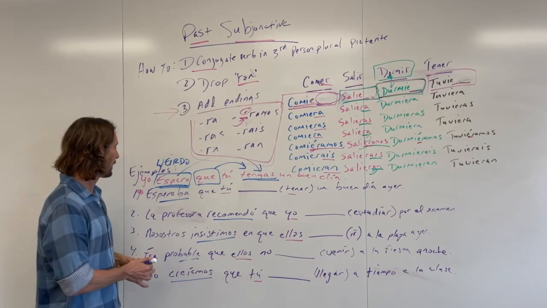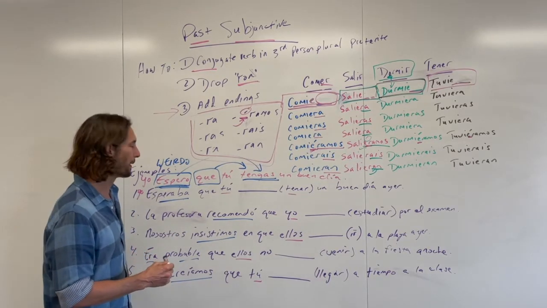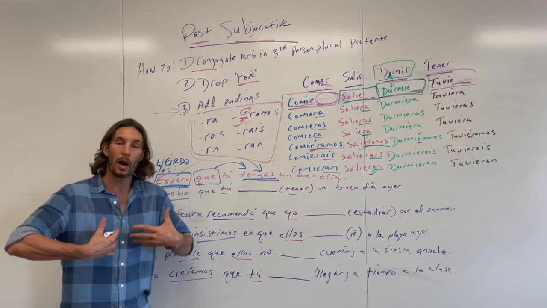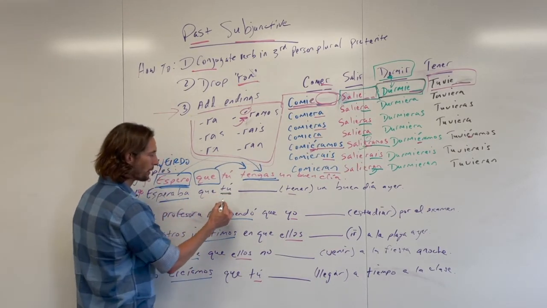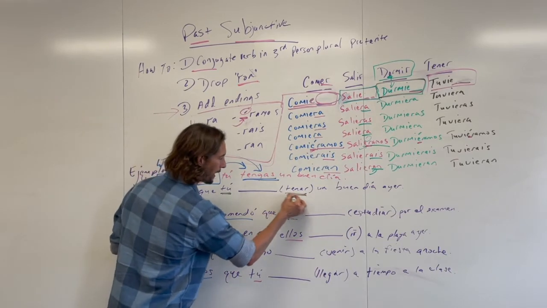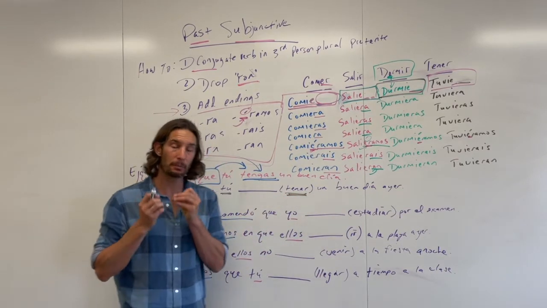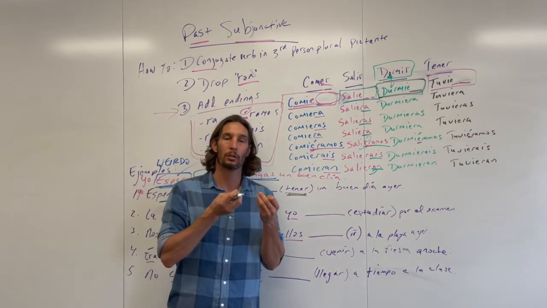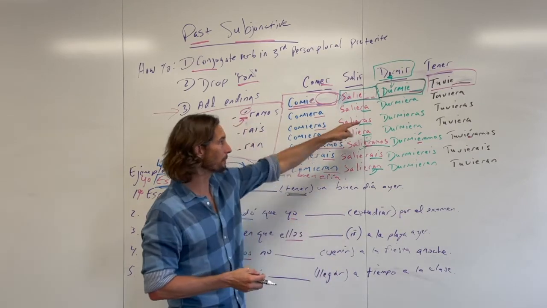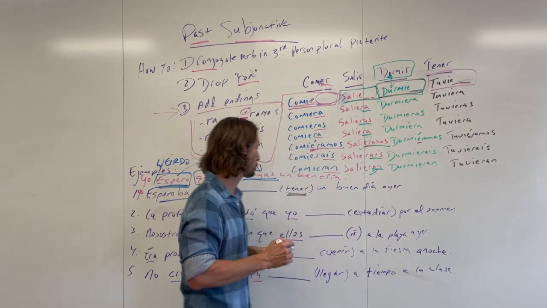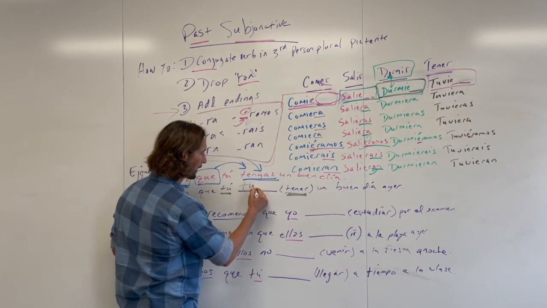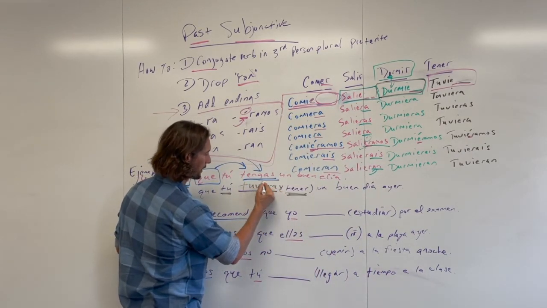And so, again, the first one here is yo esperaba, right? So I was hoping, right? Yo esperaba que tú, right? So now we need to put tener in the past subjunctive to agree with tú, right? And we just happen to conveniently have that up here, right? And so that's tú vieras, right? Tú vieras, right?